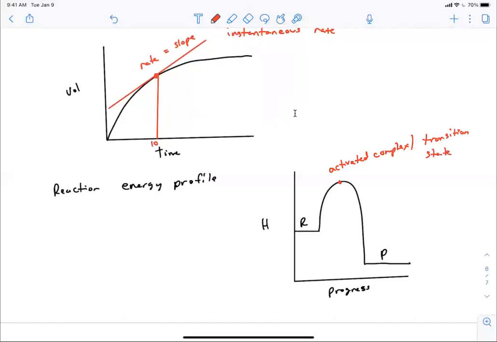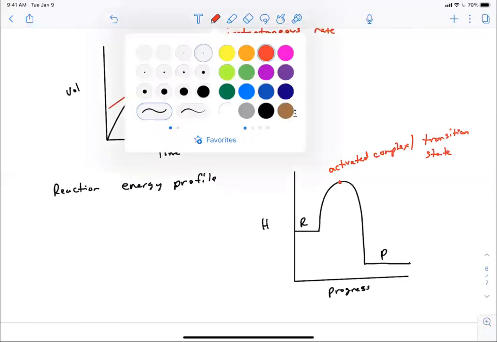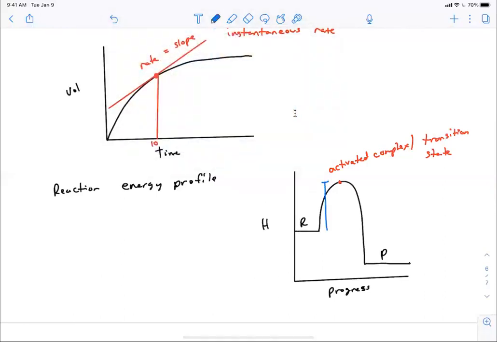It's essentially the state which requires the maximum amount of energy needed for the reaction to occur. And so at that point, that's the highest enthalpy state. And so you can calculate the activation energy in both directions relative to that. So you can go either right to left or left to right. Both reactions have an activation energy.